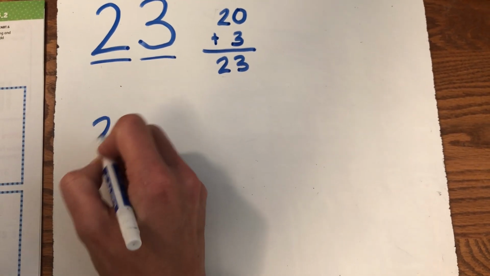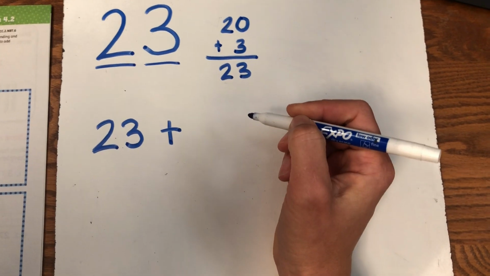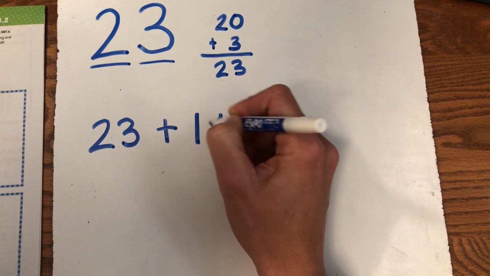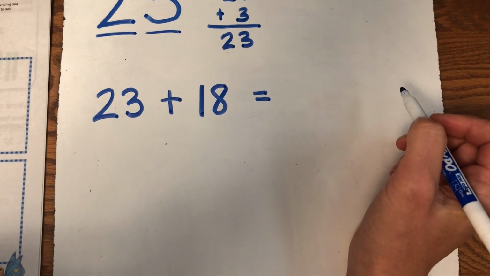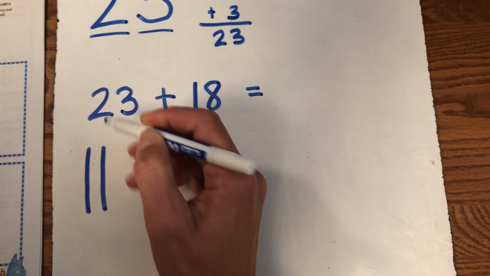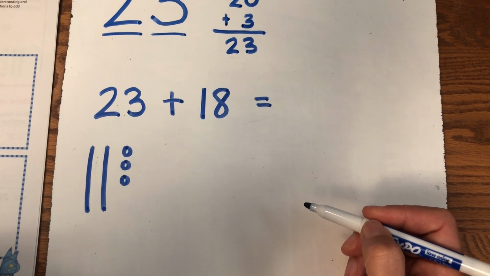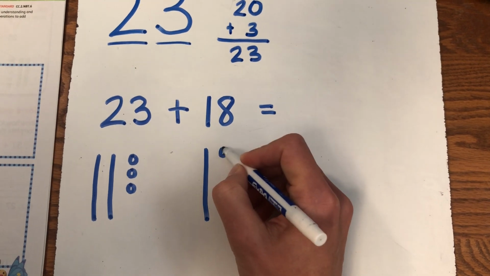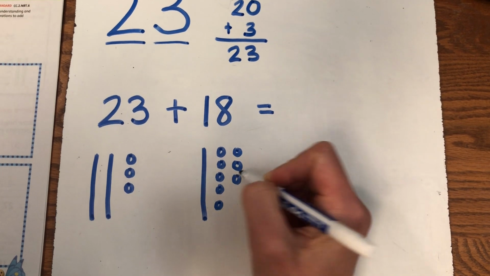Let's do 23 plus, let's use 18 over here equals, let's draw a model to help us solve. 23, I need 2 rods, and 1, 2, 3 cubes. 18, I need a rod with 8. 1, 2, 3, 4, 5, 6, 7, 8.